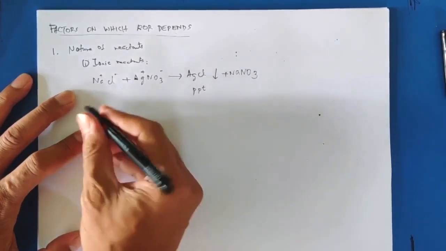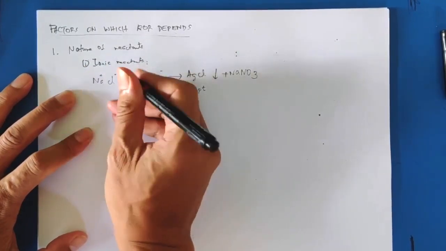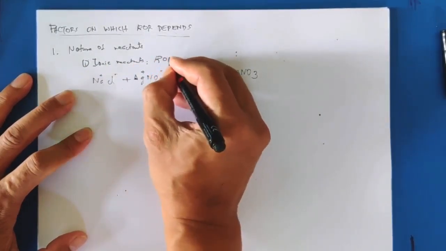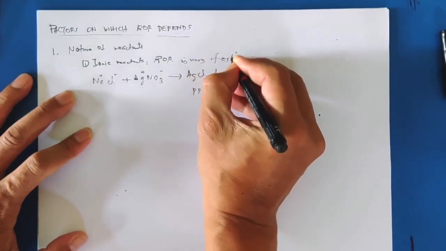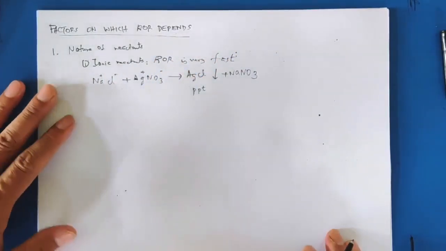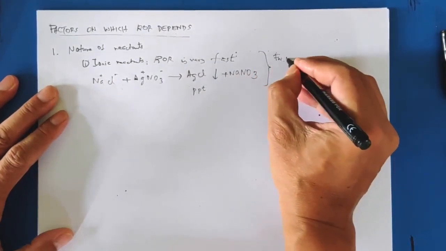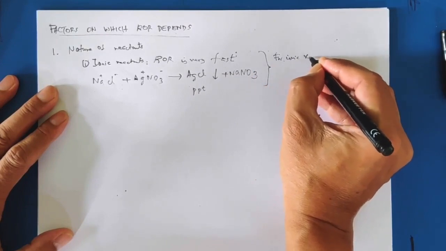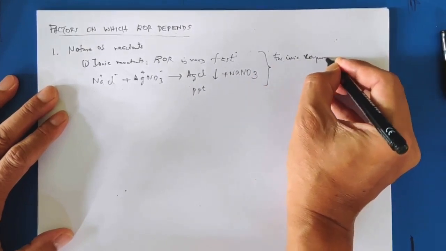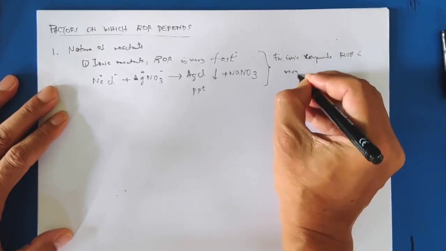For ionic compounds, for ionic reactants, the rate of reaction is very fast.